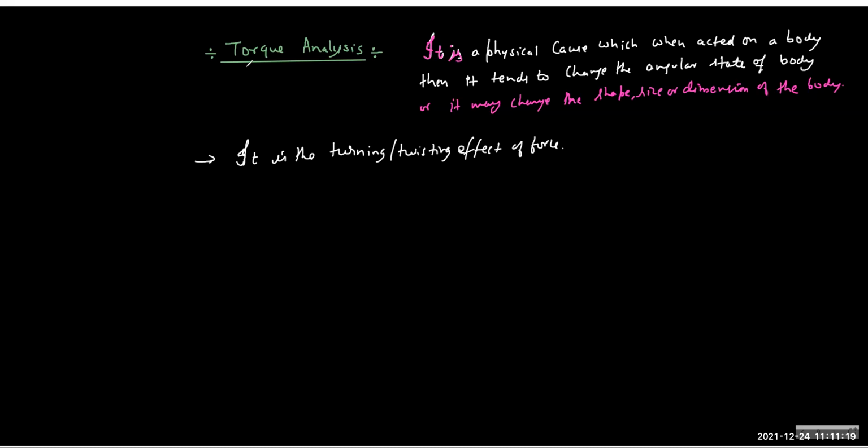Okay, so the torque is something meaningless without a force. Fundamentally, the force is capable of creating this effect, and therefore there must be some relationship between these two. So when I say torque, it implies the torque of a force.